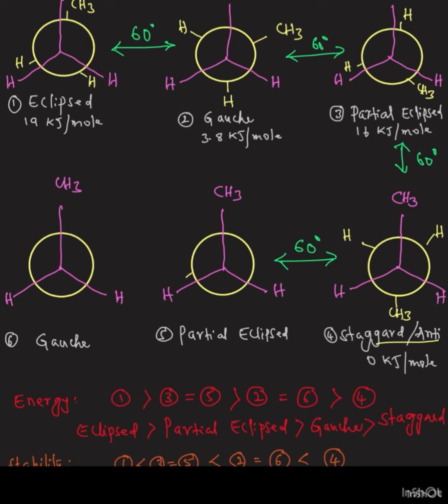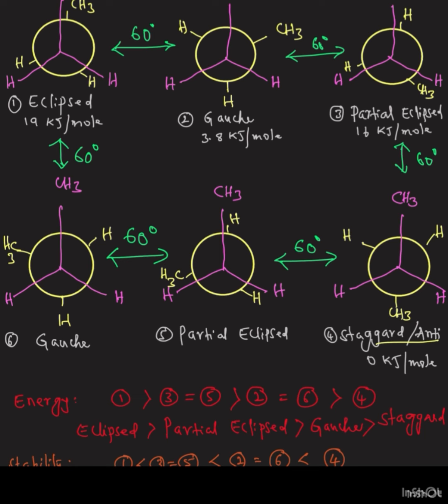That means CH3 is here, here hydrogen and here hydrogen, and on further 60 degree rotation the compound formed is Gauche. In the Gauche conformer, CH3 position is here, hydrogen, and here also hydrogen. Again by 60 degrees the starting compound, that is eclipsed, is formed.